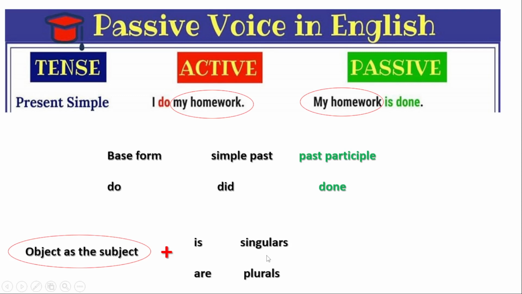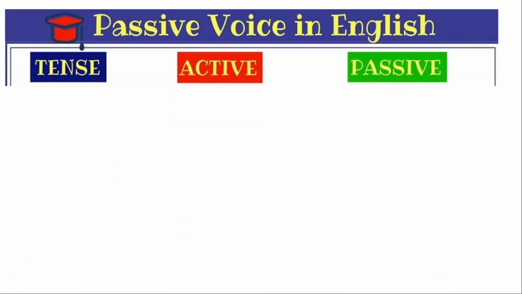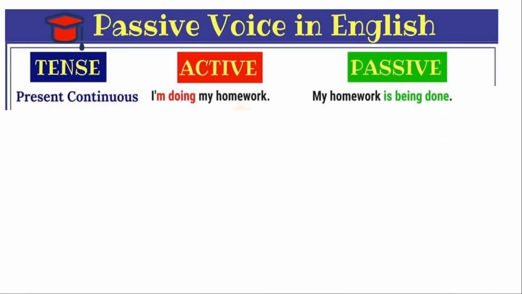Then what's next? I need to use my verb in past participle. So when I have a passive voice in simple present, my homework is singular, so I have to use is and the verb in past participle. My homework is done.